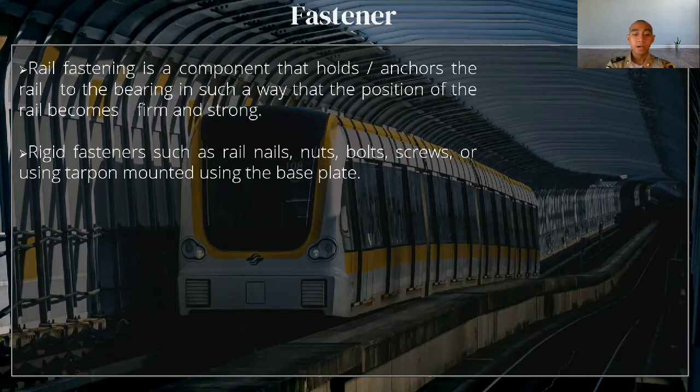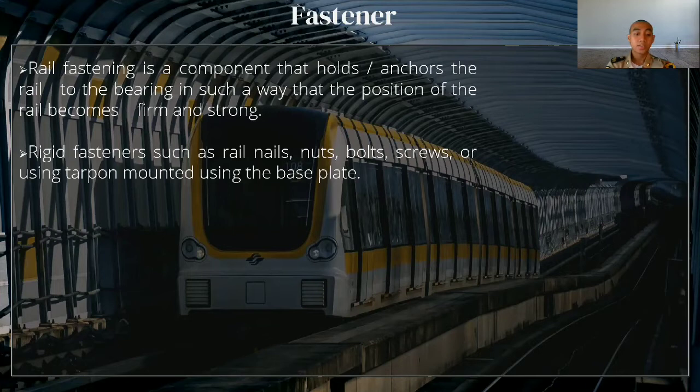Elastic fasteners are made to produce high-quality railroad track, which are usually used on railroads that have high frequency and axle loads because of their elastic nature, so that they are able to absorb vibration on the rails when the train series passes. Therefore, the train journey becomes more comfortable and can reduce the risk of damage to the rails and their bearings.